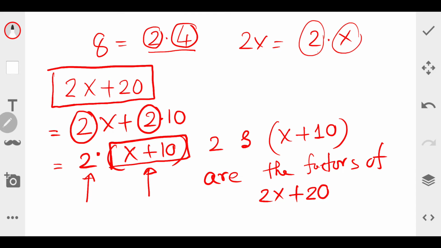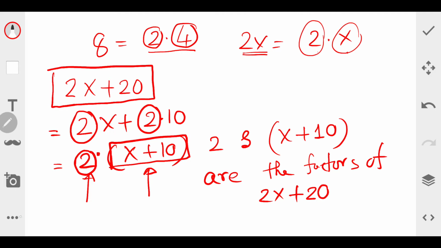That's why 2 and x are the factors of 2x. Similarly, when I have 2x plus 20 and I factor this, I get 2 times x plus 10. The condition for factors is that the two quantities, the 2 and x plus 10, are being multiplied. This is why 2 and x plus 10 are the factors of 2x plus 20.